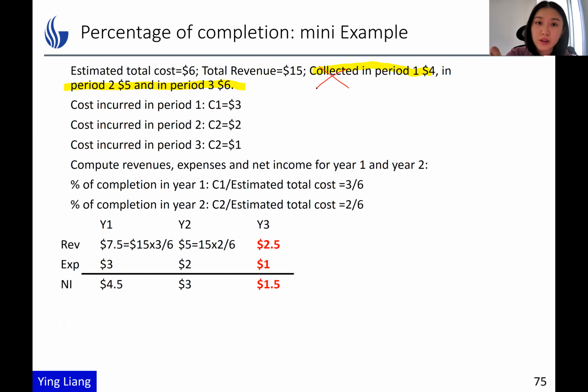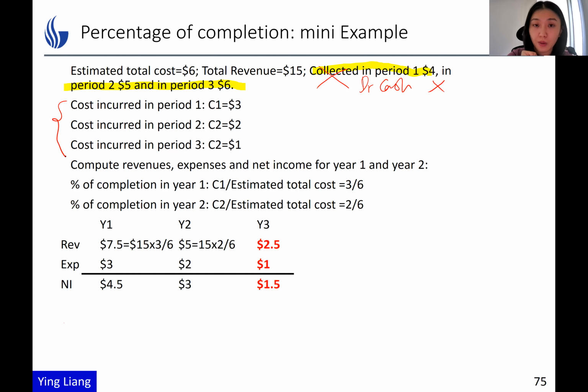Well, this will be used when we do the journal entry, right? We need to debit cash, something, but it's not used in the calculation. For the percentage calculation, we need to use the actual cost because that is our cost.